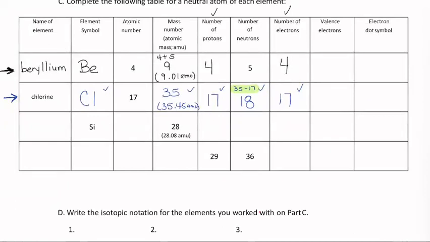So let's work now on the third row and the fourth row, okay? And let's do it together as a group. So we have an element that has the symbol Si. What is the name of the element with symbol Si? Great job. This is silicon, okay? What is the atomic number of silicon?